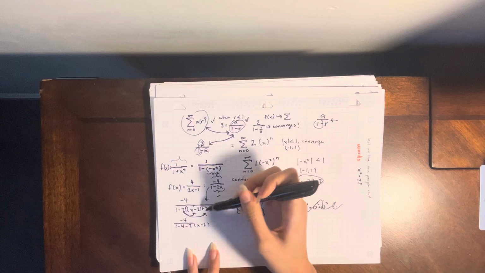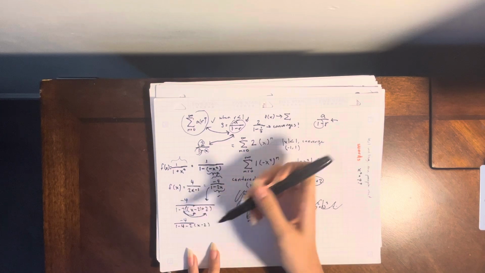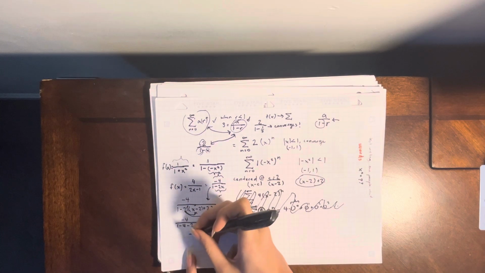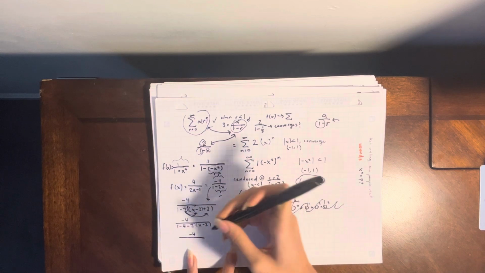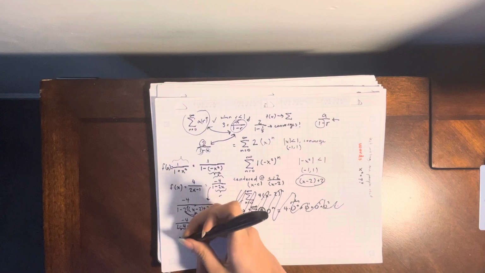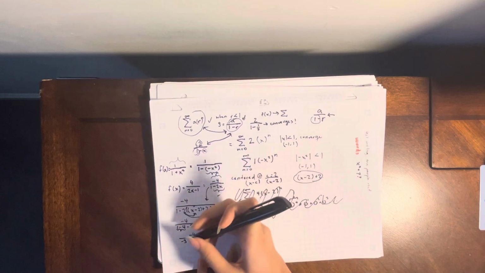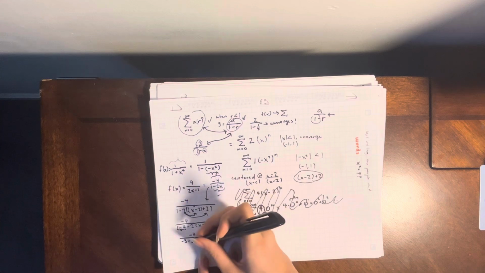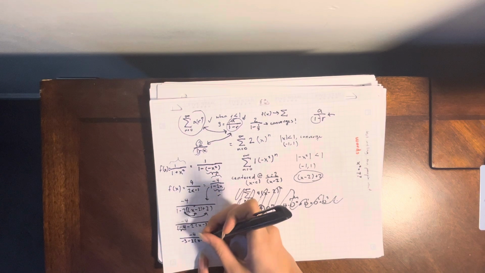We just factored out to this and this, so we could keep this in here as a term. Then -4 over, we're going to simplify these two, -3 minus 2 times x minus 2.